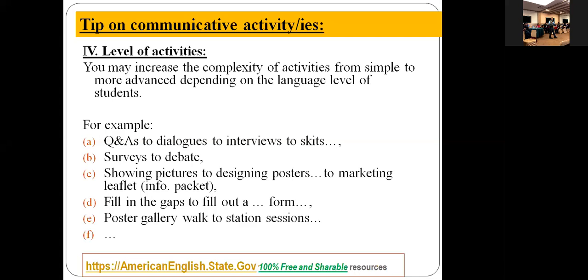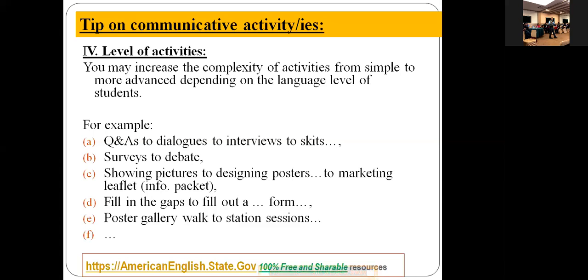For example, if the students are advanced level, then you may give them activities, for example, doing a great drama, or writing essays, or doing project work or research. If the students' level is very low, then you may ask them to write, for example, a very basic essay, giving guidelines, maybe let's say 200 words or 500, something like that. It also depends on the students' interests, what they want to do.